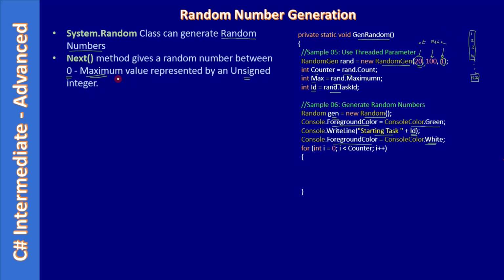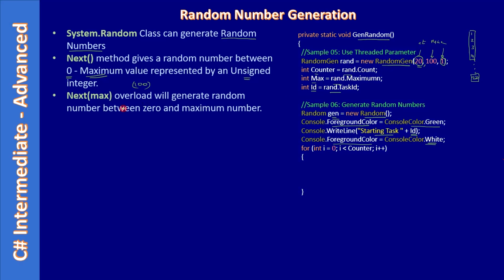That means we can use Next with a parameter of 100. That means we can generate a random number between 0 to 100. So that's also given as a property in the RandomGen class itself.